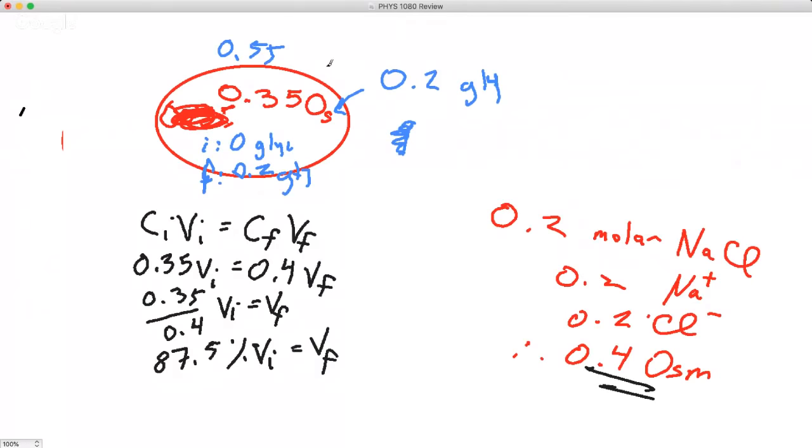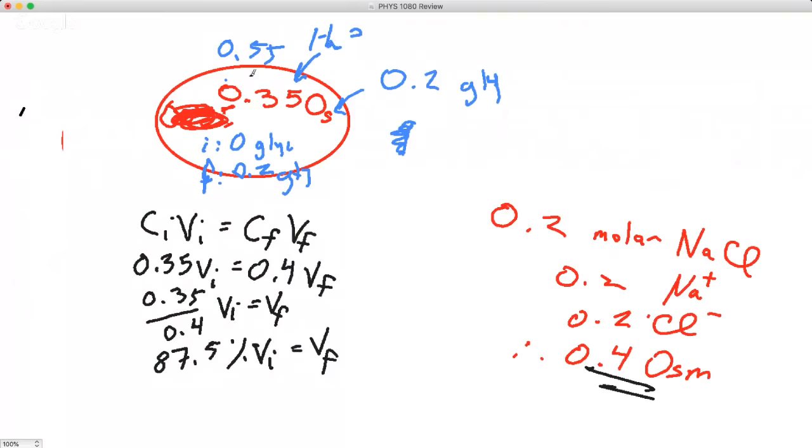So what's going to happen? We've got a high concentration on the inside, and we want to balance it to the surroundings, so we need to dilute the cell down to 0.2. To dilute that, water is going to flow in and reduce the concentration from 0.55 down to 0.2.